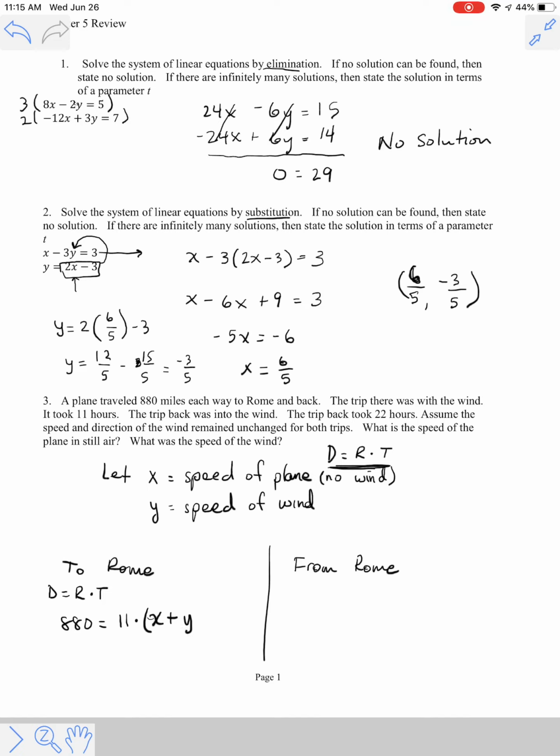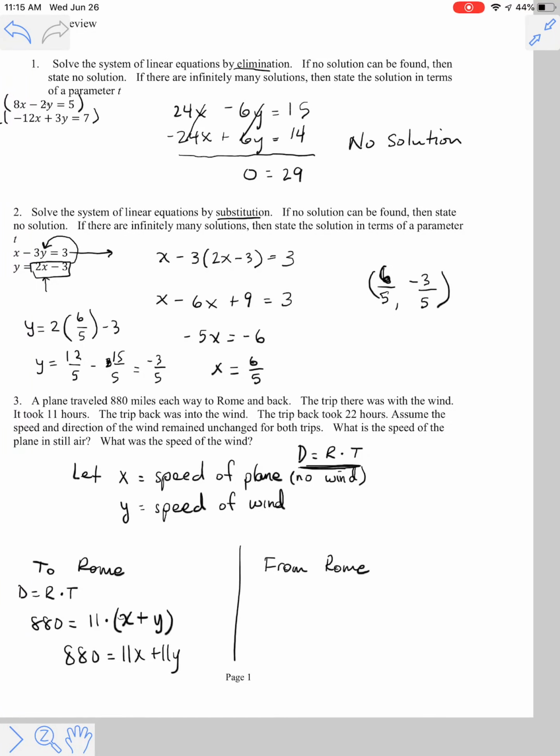So I'm going to add the speed of the wind. So this is the time, and that's the rate. So we have rate times time right there. And distributing that, we have 880 equals 11x plus 11y.